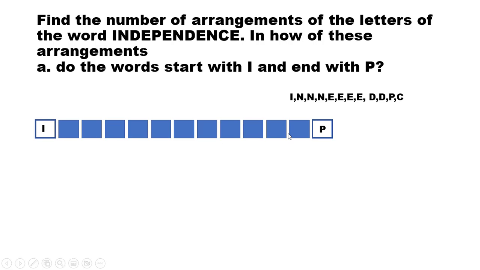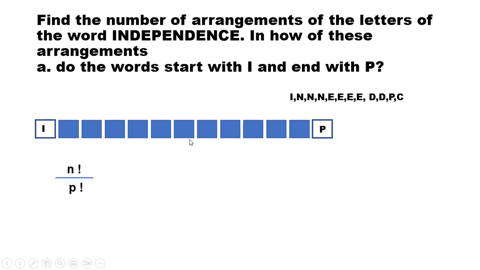That is going to be 10 here, right? So this 10 can be filled up by 10 of these letters, because P and I is already used. We use 10 of the remaining letters to fill up or show the permutations of the 10 placeholders here.